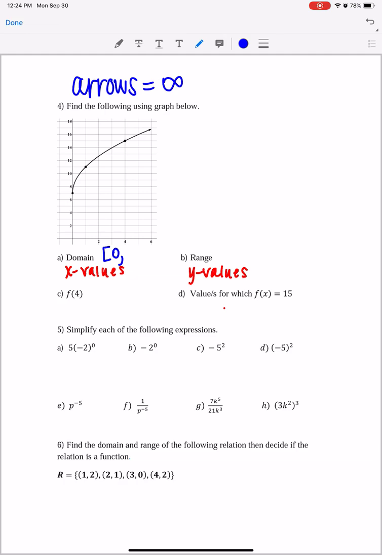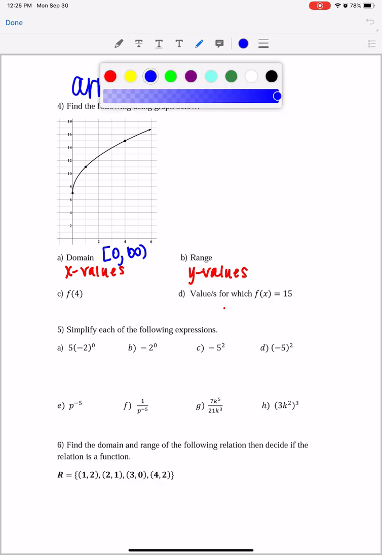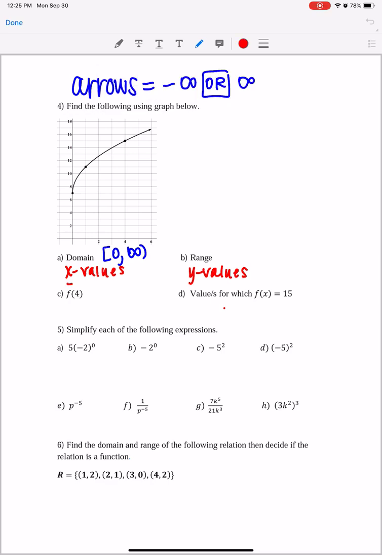It could be negative infinity, or it could be positive infinity, but arrows mean infinity. Because I'm going this way and it's going to keep going that way, to positive infinity, and infinity always gets a parenthesis. Notice we worked from left to right on these x values.